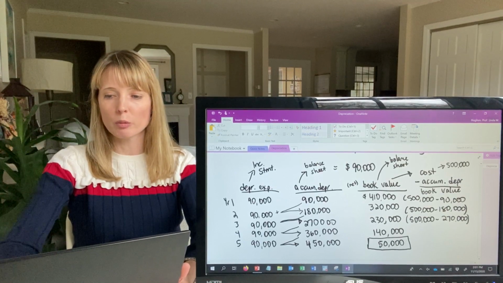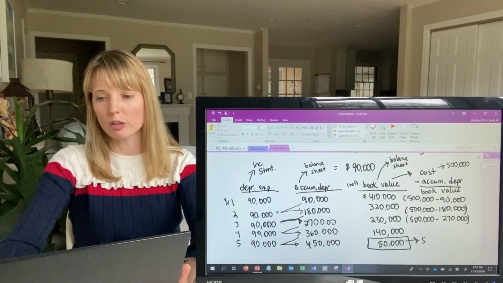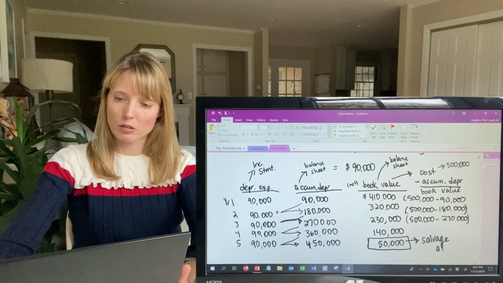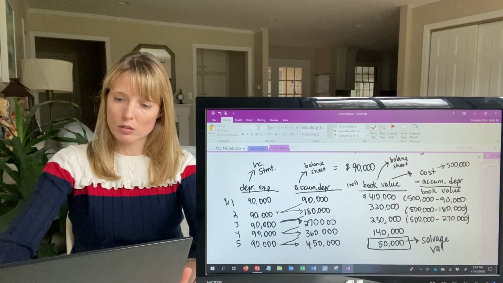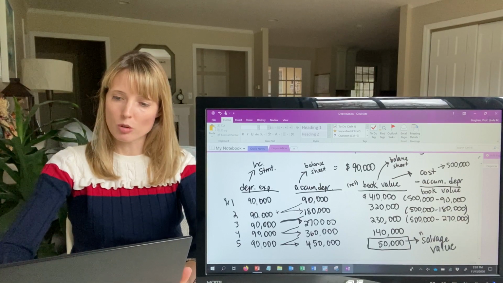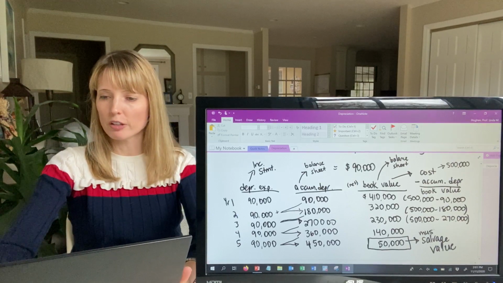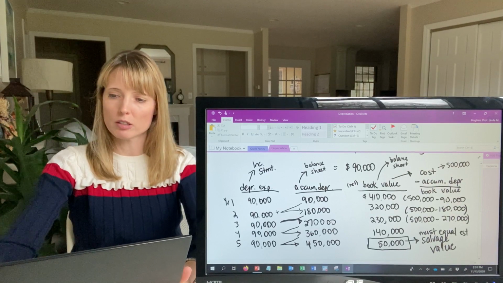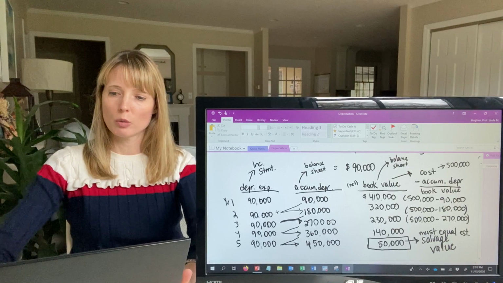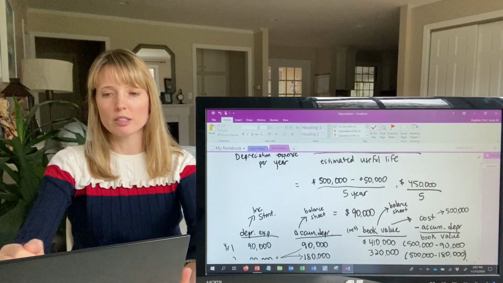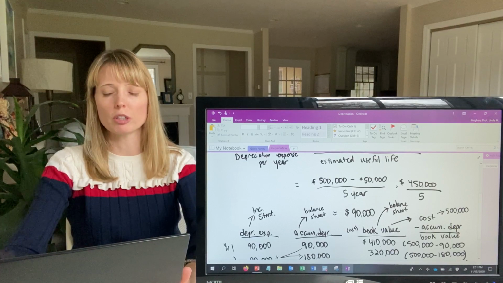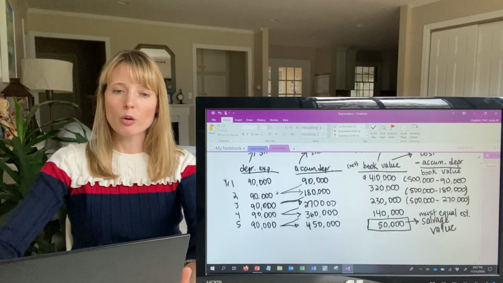This is exactly what we want, because we want it to equal salvage value. So our last year's ending book value must equal our estimated salvage value. We forced it to by subtracting out the 50,000 in our formula where we calculated the depreciation expense per year of 90,000.